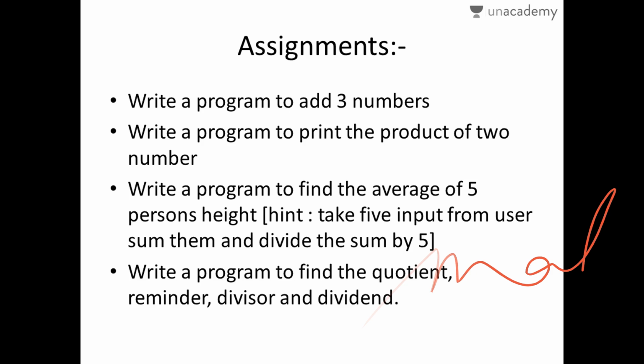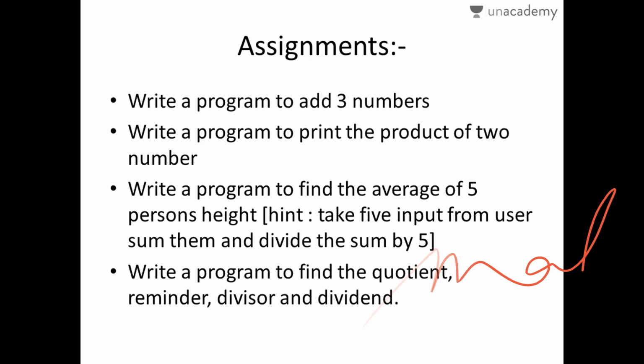So for that, I am telling you the declaration of the variables. You will write float h1, h2, h3, h4, h5, that is height 1, height 2, height 3, height 4 and height 5. Then in sum you will sum all the heights, and then you will take the average, avg. You'll apply the average formula, that is sum upon the total number of heights, and you will print it.